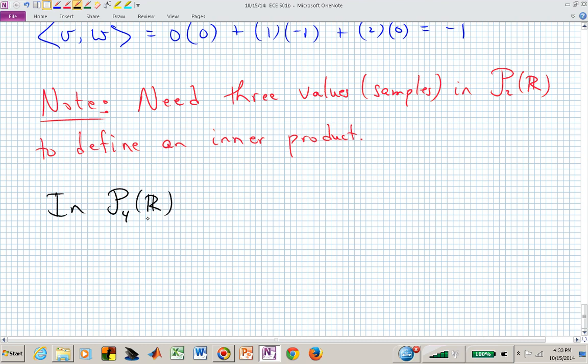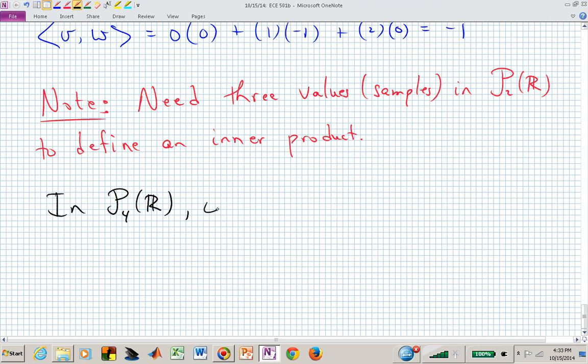Meaning, if we now go to the vector space of fourth order polynomials, what do you think we need to do in terms of the number of samples in our inner product? Now we need 5, don't we?